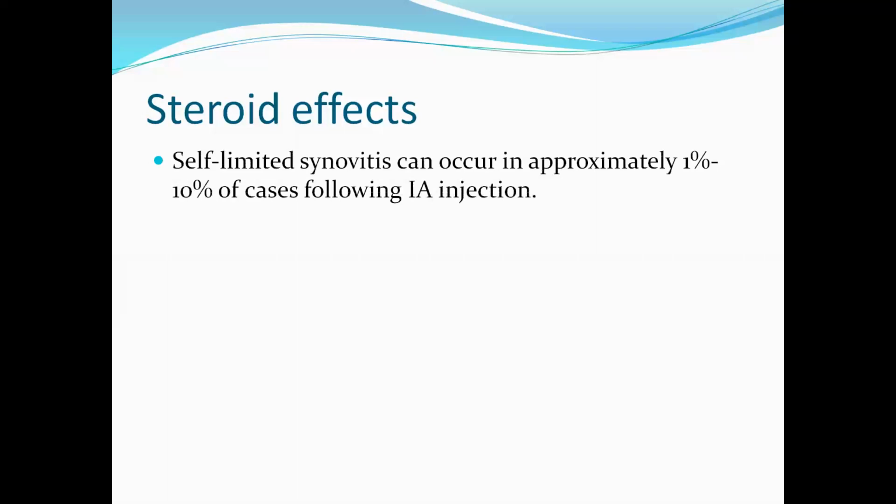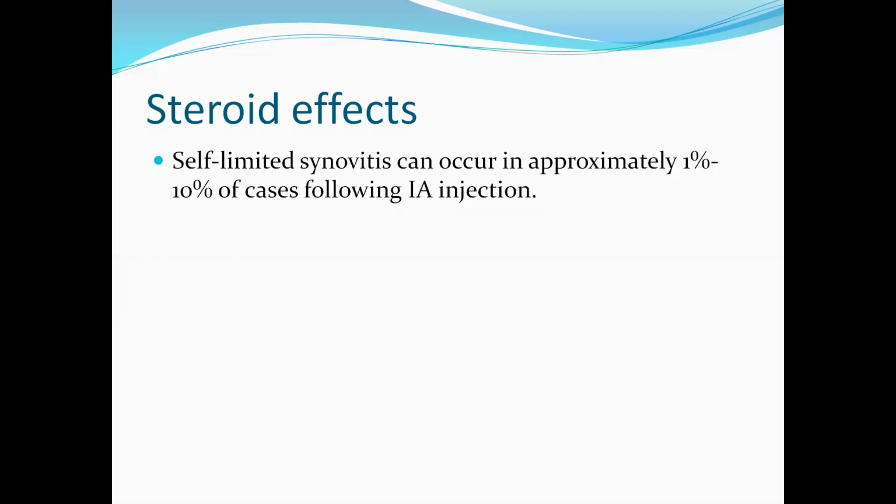There is a condition called steroid flare. We all know there is a possibility of a side effect of corticosteroid that's called steroid flare. A self-limited synovitis can occur in approximately 1% to 10% of cases following intra-articular injection. The reason behind it is that these steroids form granules inside the joint.